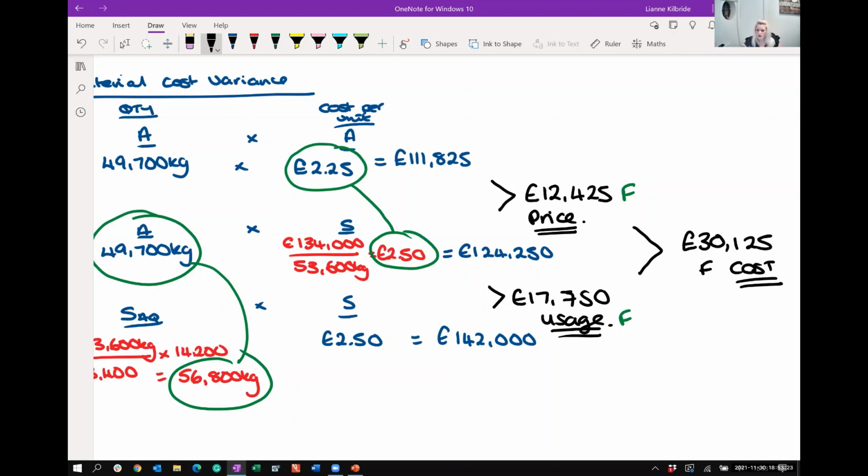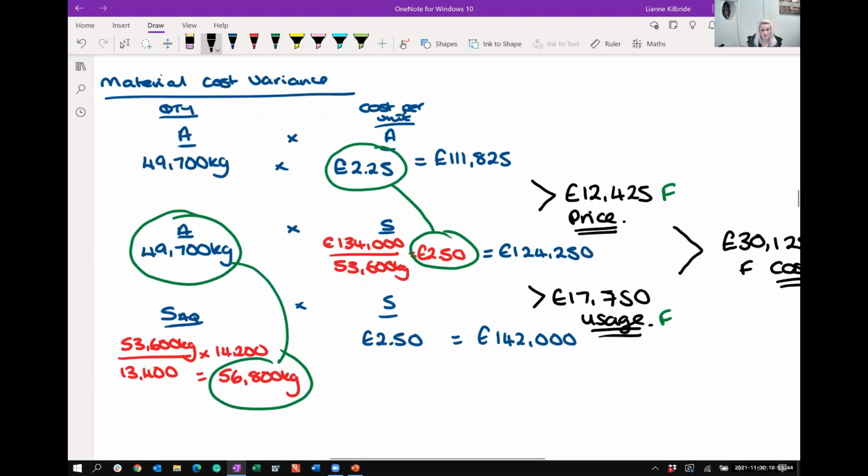Okay. How would that go to the total direct material? I think has that answered your question, Abby? So that's your total direct material cost there. Yeah, fantastic. So you just add those two variances up.